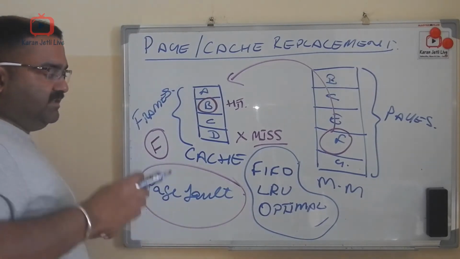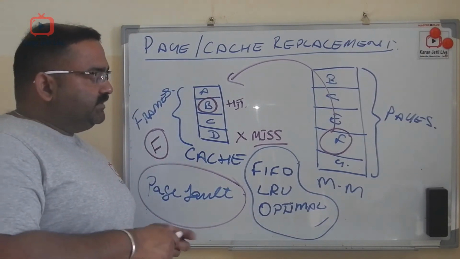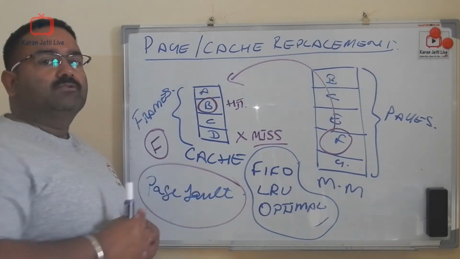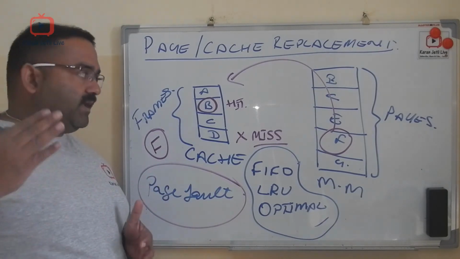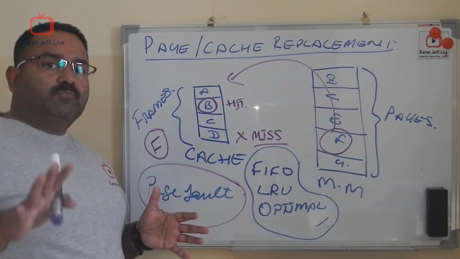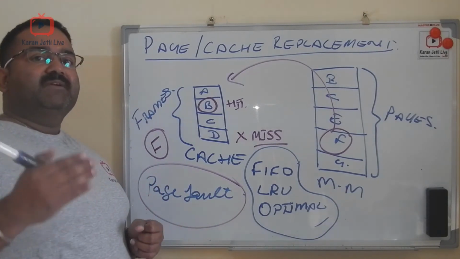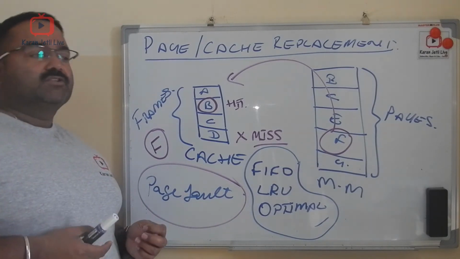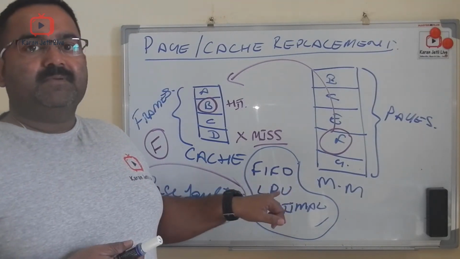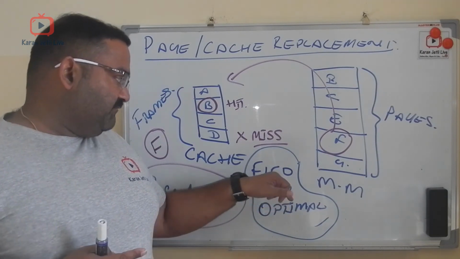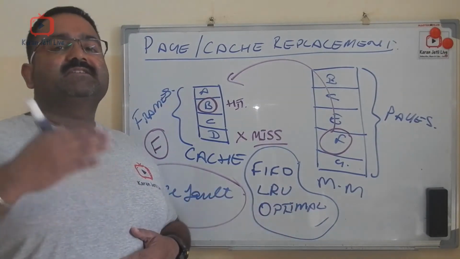Now guys, in the next lectures we will discuss each and every algo in detail with the help of examples. I hope till now what page replacement is is clear to you. So for the page replacement algos, FIFO, LRU, optimal, stay tuned.